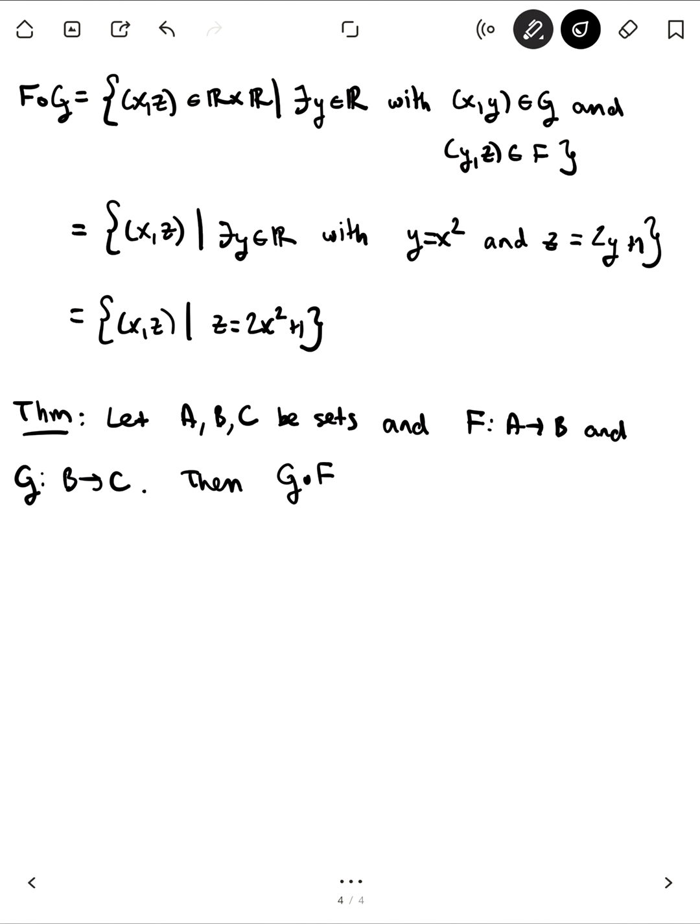Then the composition is a function that takes A to C, i.e. g of f is a function from A to C.